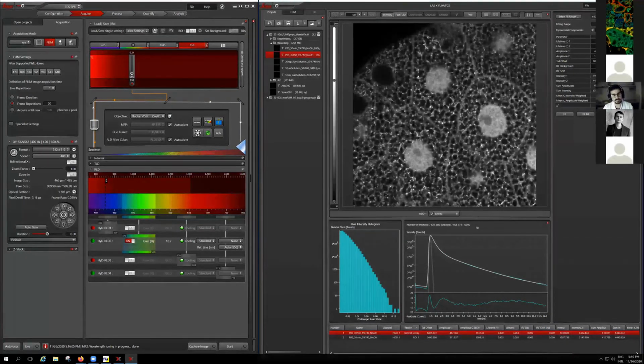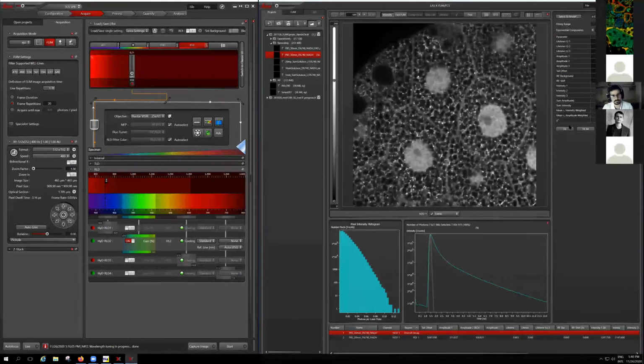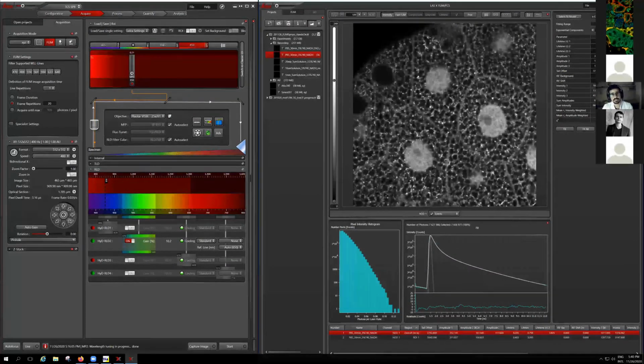In my case, I can go to the third component and get a very nice fit, but the values I'm getting are not the ones expected for NADH, and this is actually an NADH image. So I have the prior knowledge, and I do the measurement. I see that a third component is necessary, but I was expecting 2.